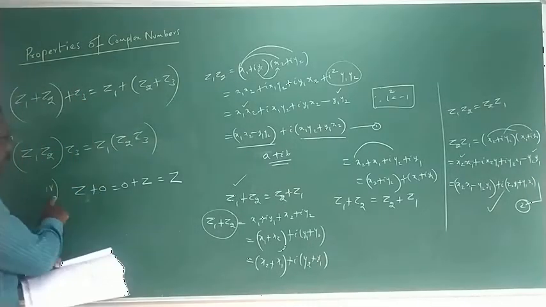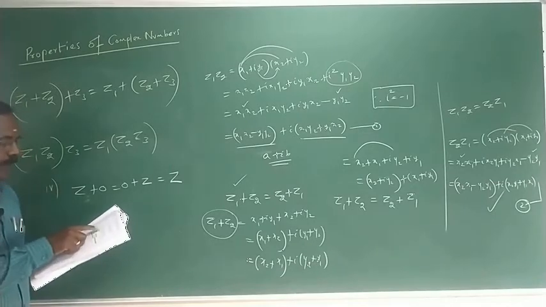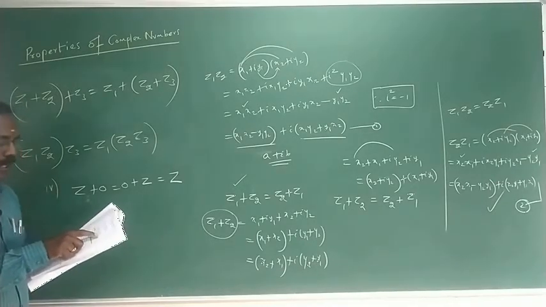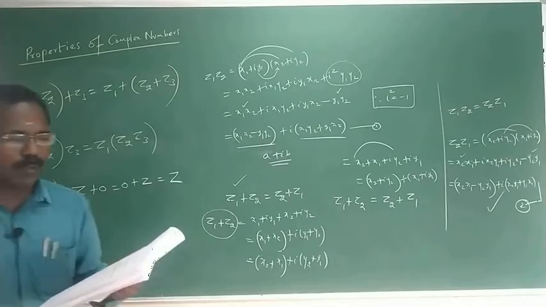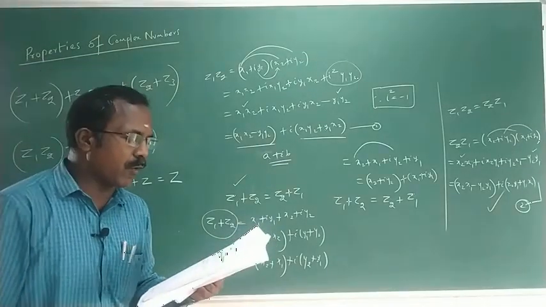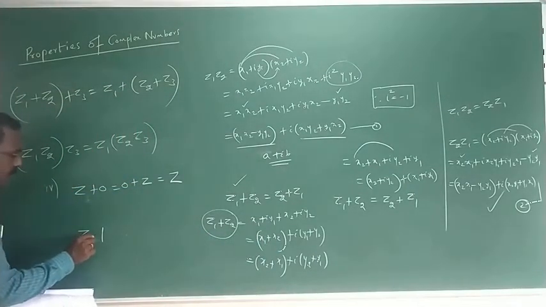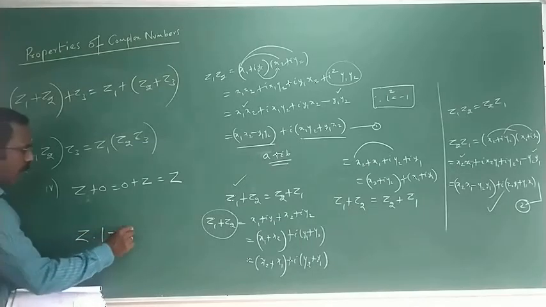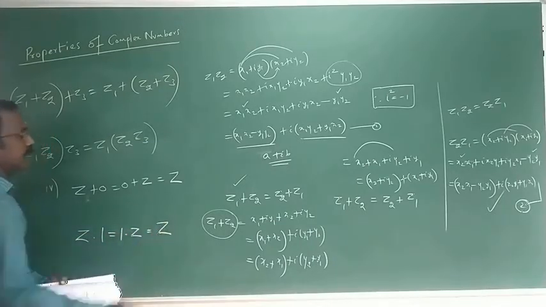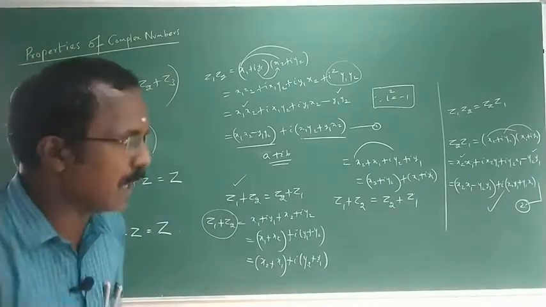On the right side, the multiplicative identity: there exists a complex number 1 equal to 1 plus 0i such that for every complex number Z, Z dot 1 equal to 1 dot Z equal to what? Z. That's all.